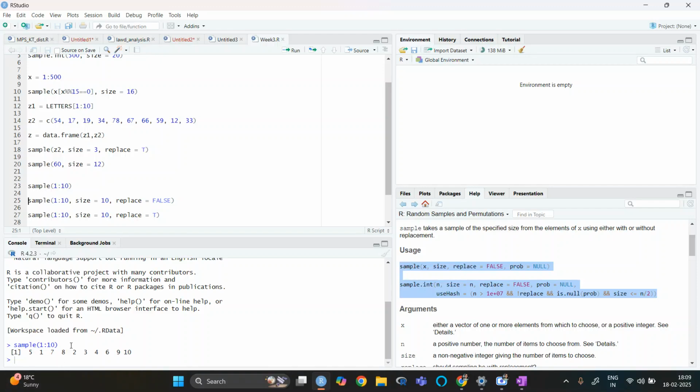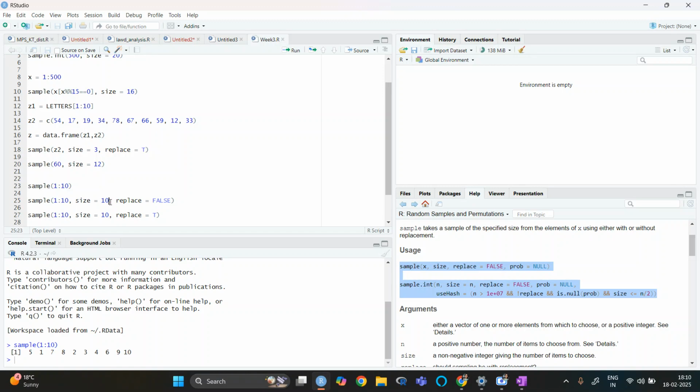It has given me a sample in between 1 to 10. Because I have not defined the size, it will just write 1 to 10 in any order. And you can see the default value of replace is false.